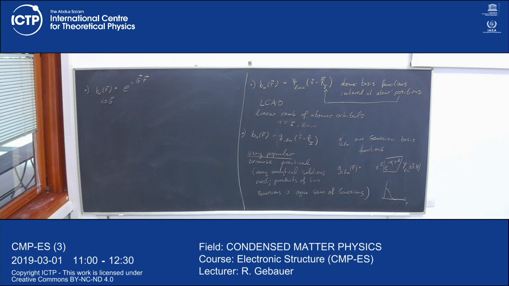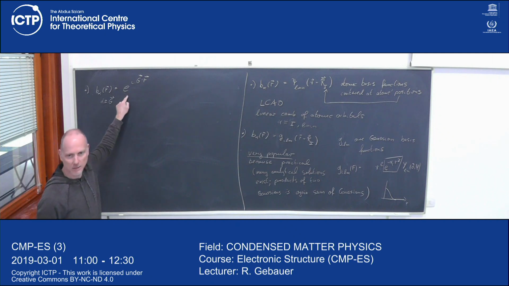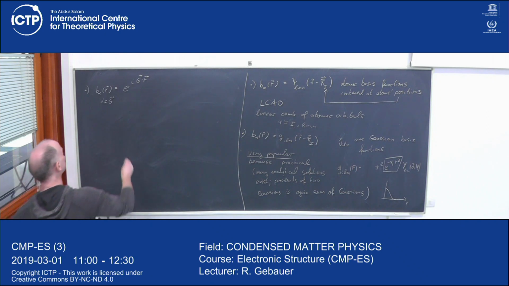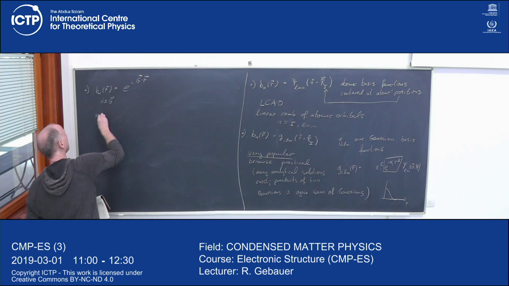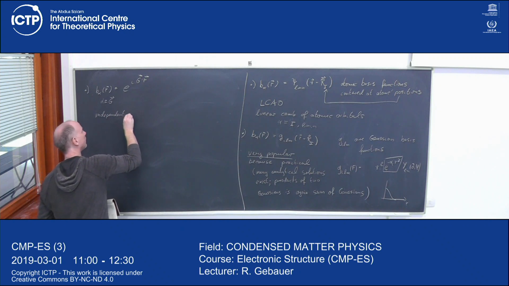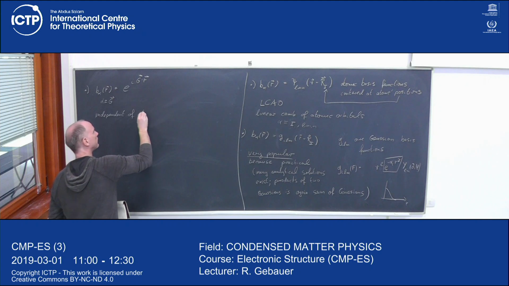So this is what I said, this here is kind of the same as simply using a sine or cosine function everywhere in space. This is independent of atomic positions.